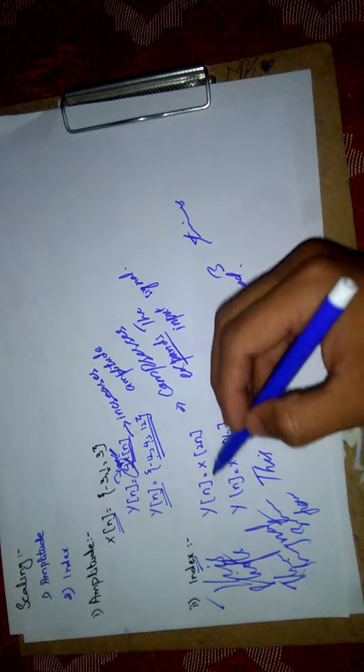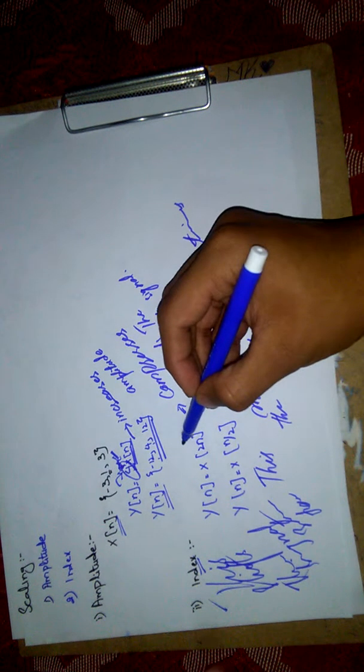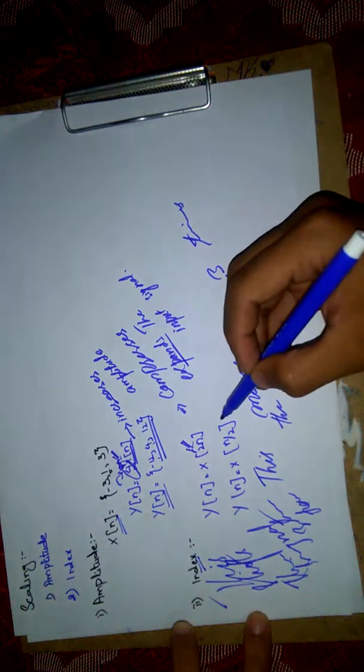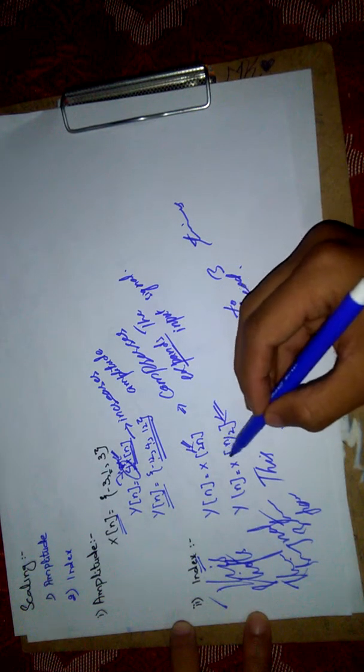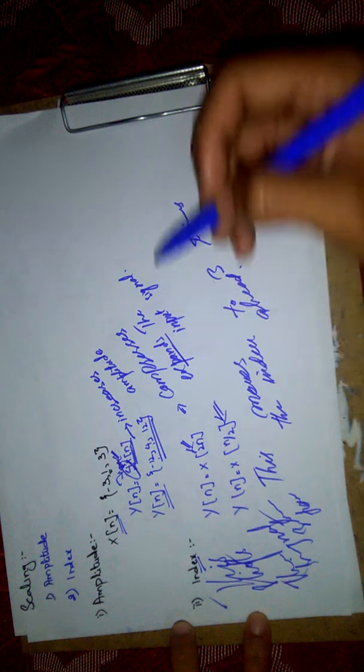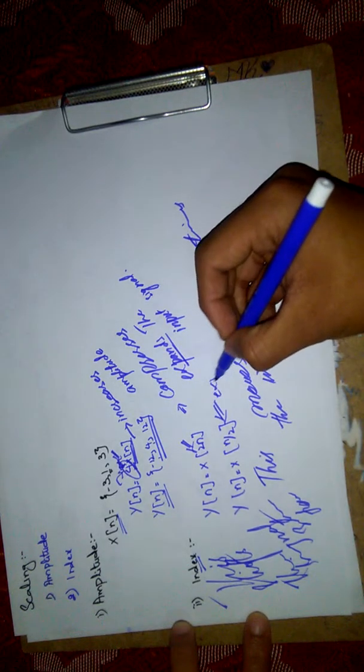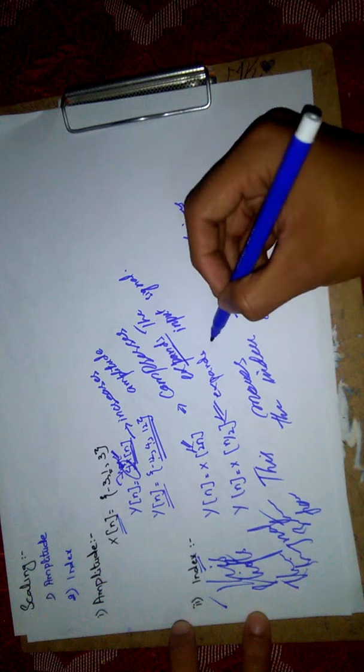As y of n equal to x of 2n, it compresses the input signal, and y of n equal to x of n over 2 expands the input signal by 2 times.